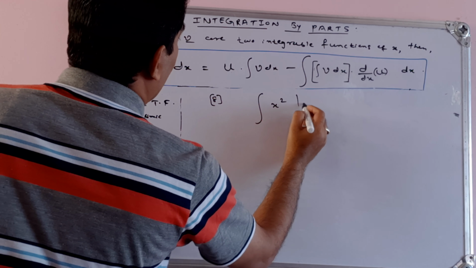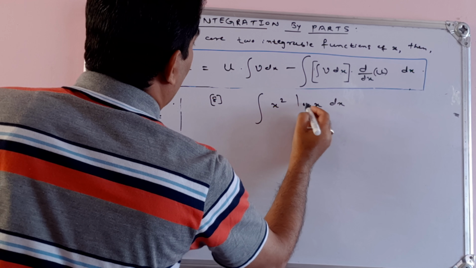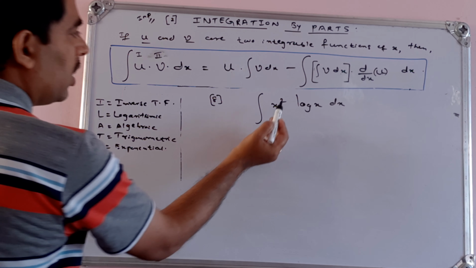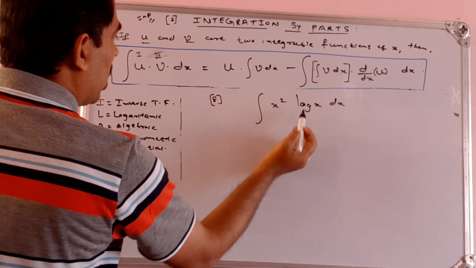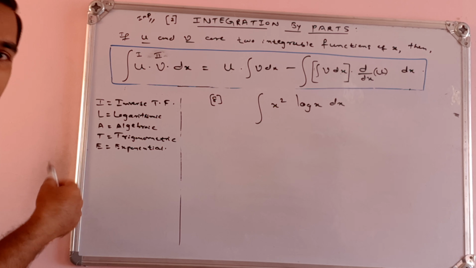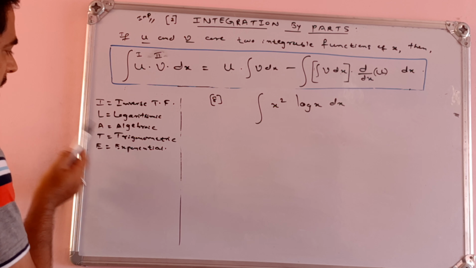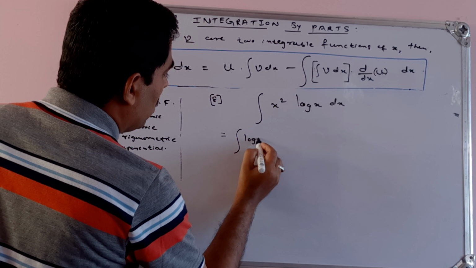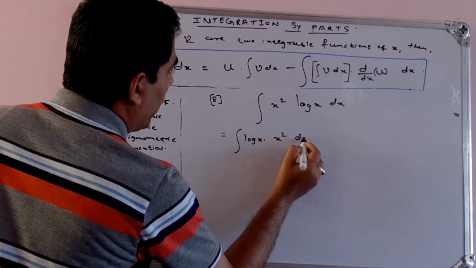So integration of x square log x. So once again, log function is given. See, this is algebraic function, logarithmic function. See here. First we have to write logarithmic function and afterwards we can write algebraic function. So here we can interchange. See, I will write log x first into x square.